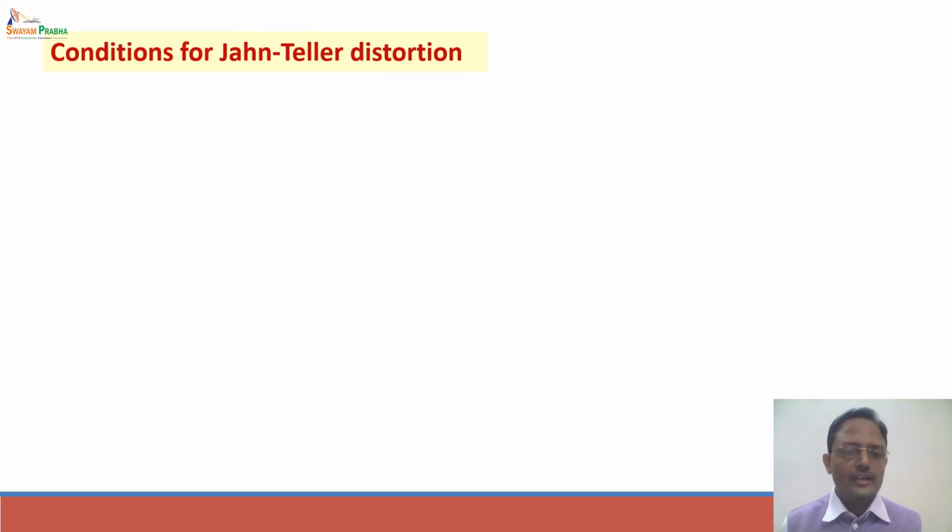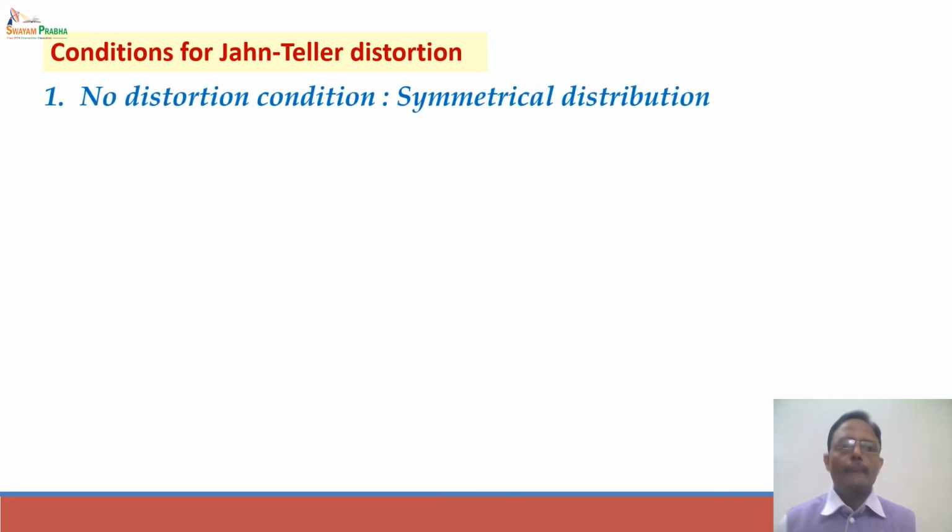Now Jahn-Teller distortion will take place only in specific cases. There are certain cases where there is a symmetrical distribution of electron charge. In such cases, there will be no distortion at all.